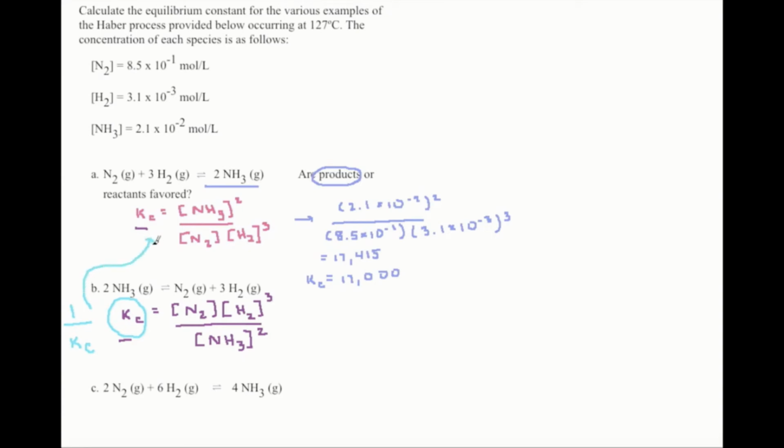So what that tells me is if I flip a reaction, what you have to do to the equilibrium constant is just find the reciprocal of it. You have to flip it as well. So if you flip a reaction, then the equilibrium constant, the Kc, is going to be equal to just the reciprocal.